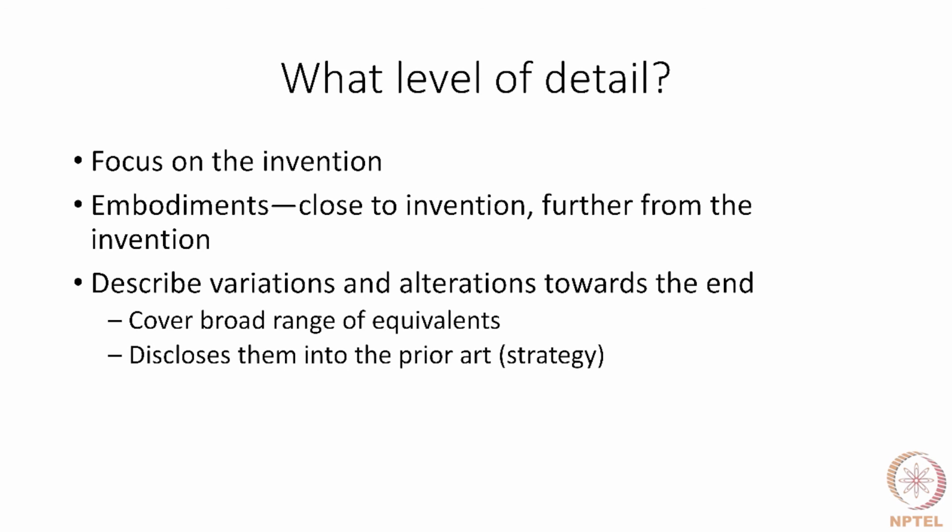In that case, it would be advisable for you to disclose as much as you know in a specification, so that you capture the entire prior art and you are protected from somebody else's action against you.